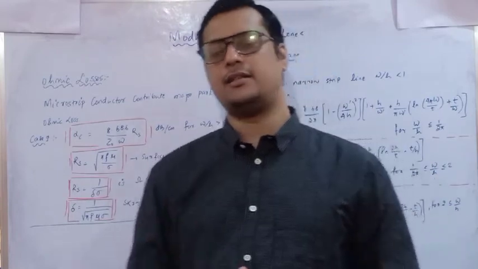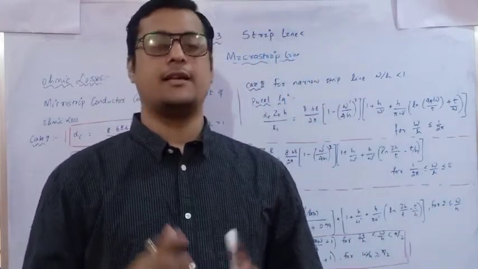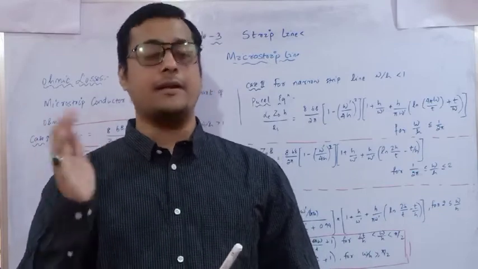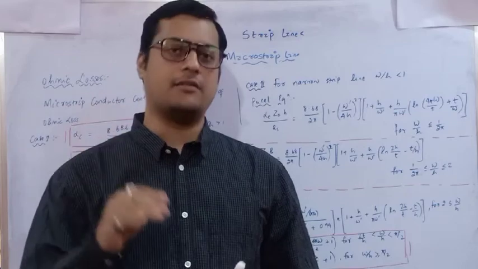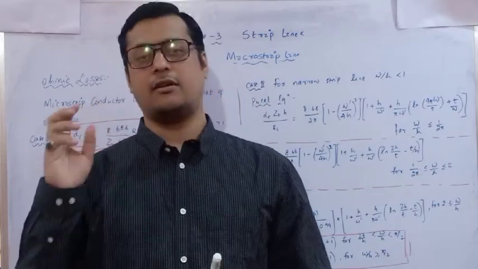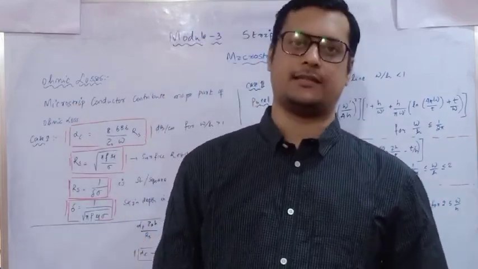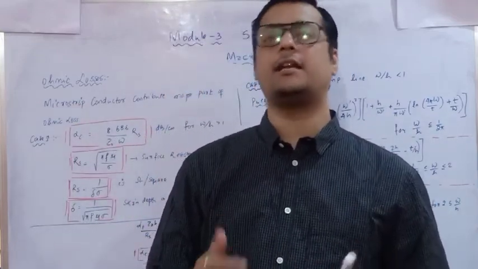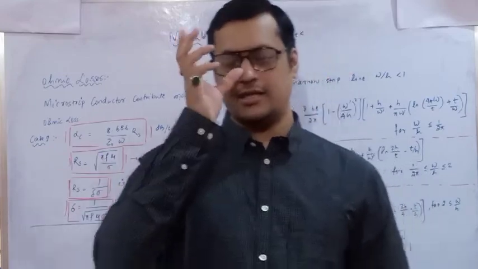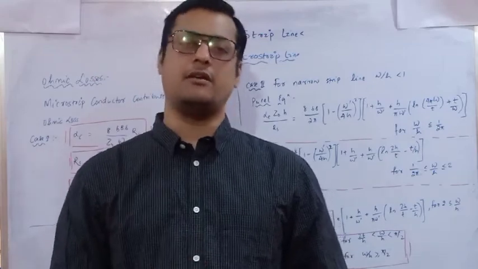Ohmic losses basically depend upon the surface resistance and skin depth, that is, how much electric or magnetic field penetrates into a conductive medium. If the skin depth is more, attenuation is less. If the skin depth is less, the attenuation factor will be more. So these are inversely proportional to each other.